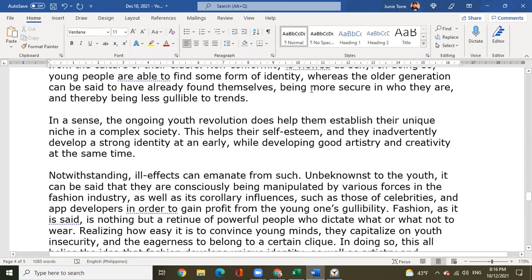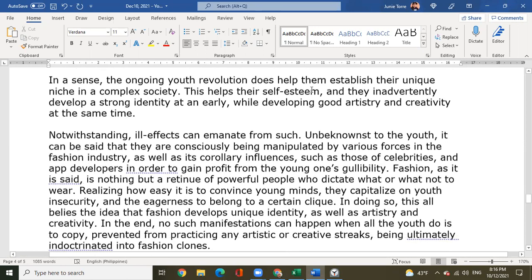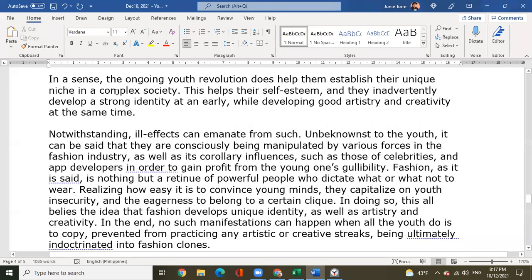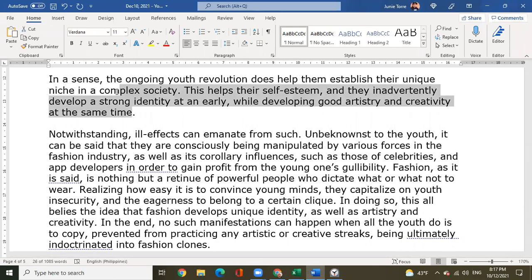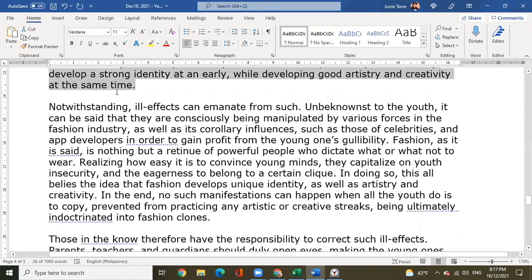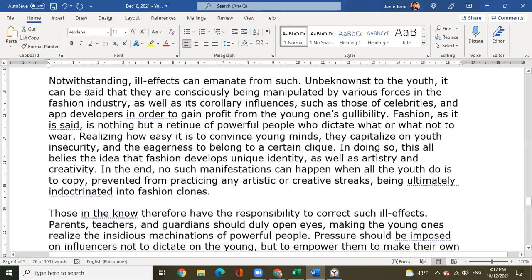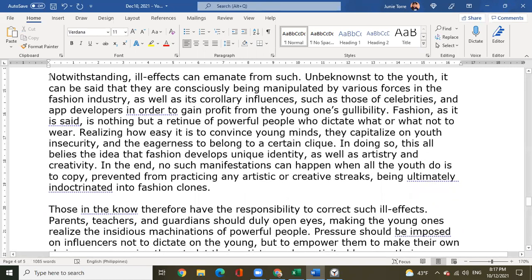In a sense, the ongoing youth revolution has helped them to establish their unique niche in a complex society. This helps their self-esteem and inadvertently develop a strong identity at an early age while developing good artistry and creativity at the same time. Notwithstanding, ill effects can emanate from such.